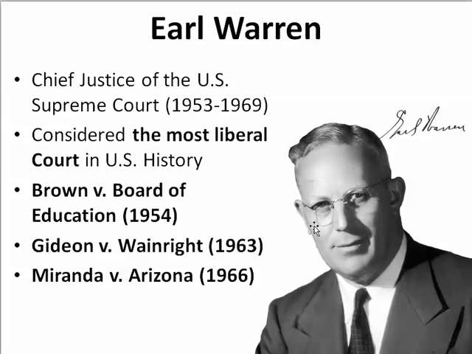So his court, the Warren Court, is considered the most liberal court in U.S. history. And what we mean by the Warren Court, we're talking about this court here. Here he is as Chief Justice of the United States Supreme Court.